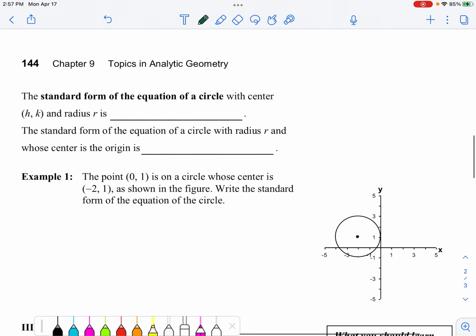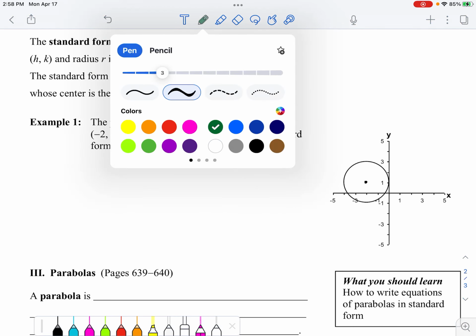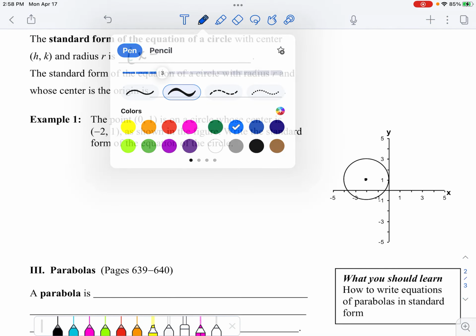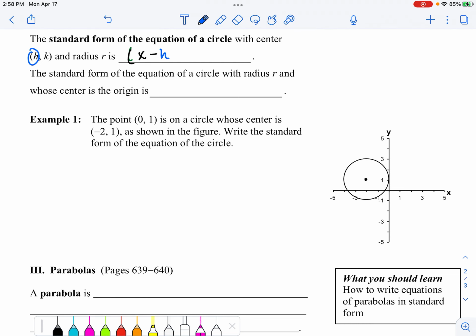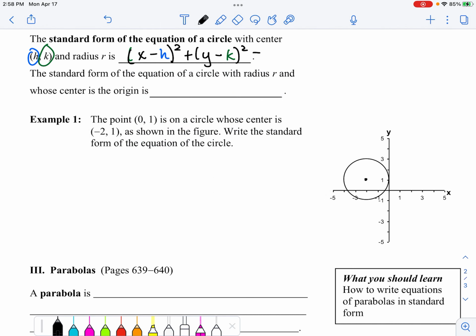And the standard form of the equation with the center of the circle, which we've been talking about today, is, I'll put this in black, x minus h squared plus y minus k squared equals r squared. We've been working with that today.